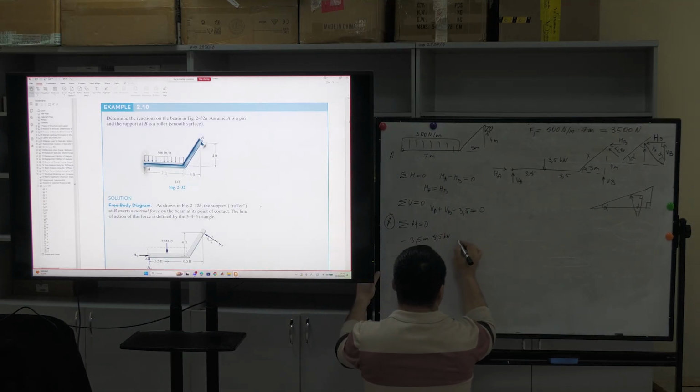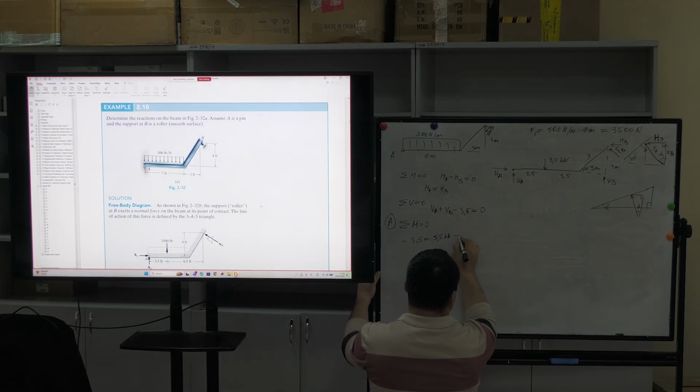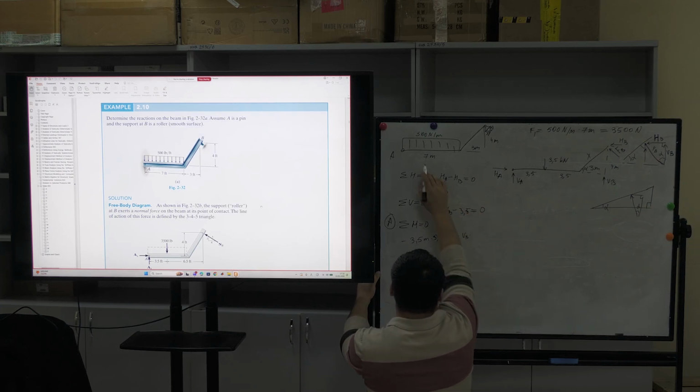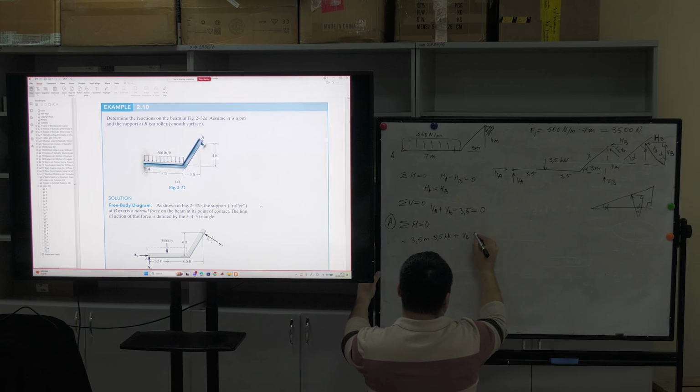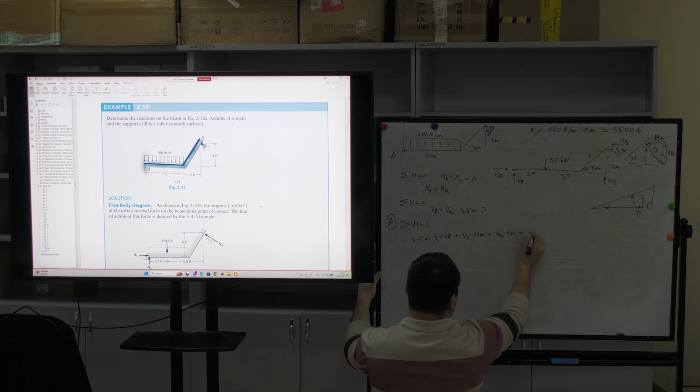And plus VB product, how much? 7 plus 3. 10 meters. Good. And plus HB product, how many meters? 4. 4 meters. Good. So it is equal to 0.